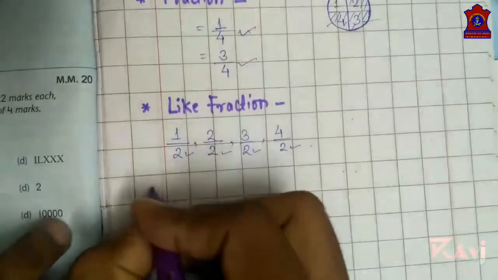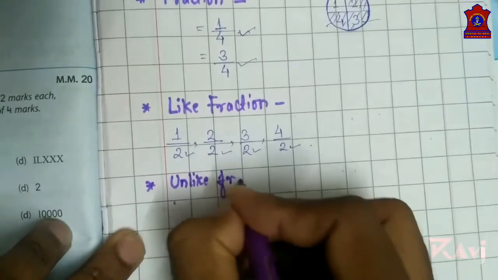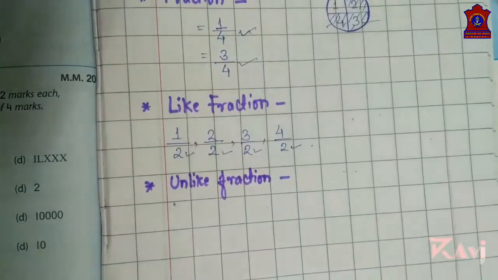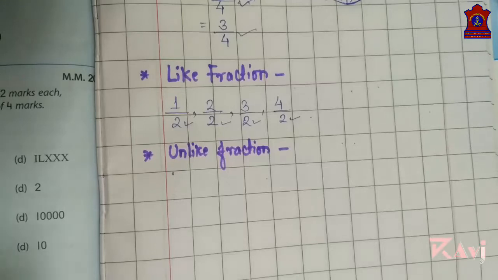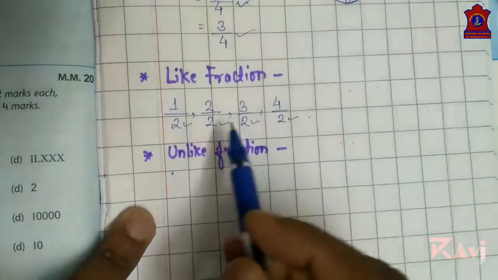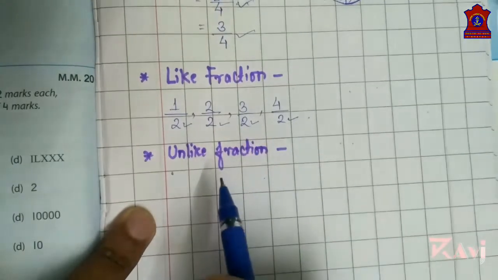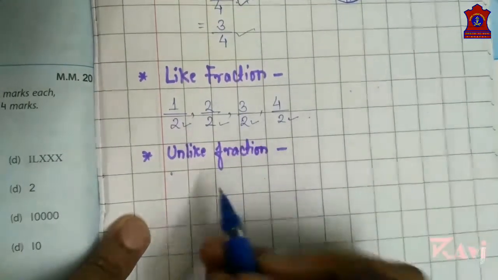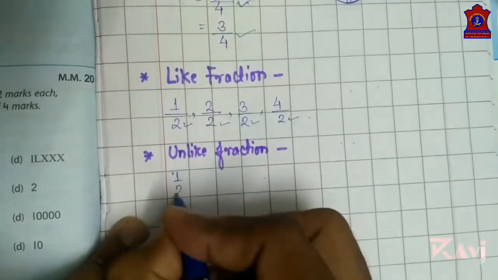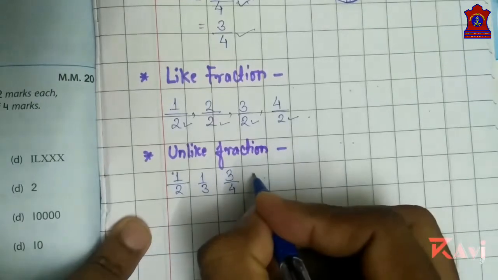Next is unlike fraction. What is an unlike fraction? Fractions having different denominators. In like fractions, you saw that the denominators are the same, but in unlike fractions denominators are different, like 1 by 2, 1 by 3, 3 by 4, 5 by 6.